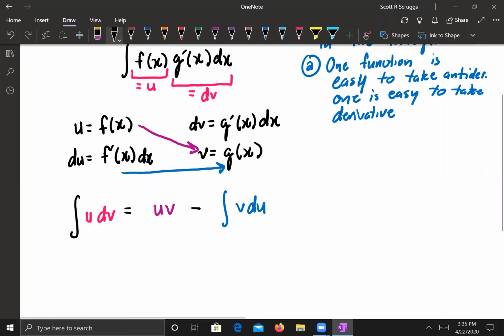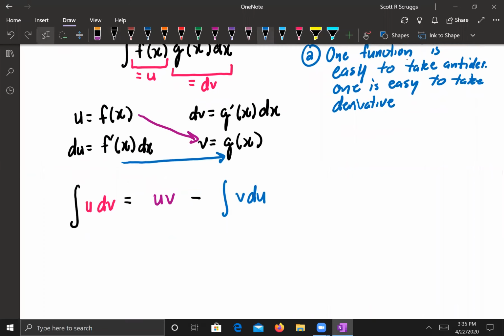Now, if we had a definite integral, our formula is still the same. It's just now we're going to have some bounds we have to deal with. So the modification that we're going to do is the following. Keep the bounds with that integral. Now for the u times v, you could assume that I already evaluated that outside of the integral.